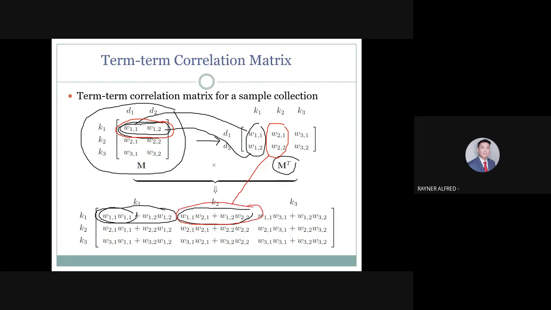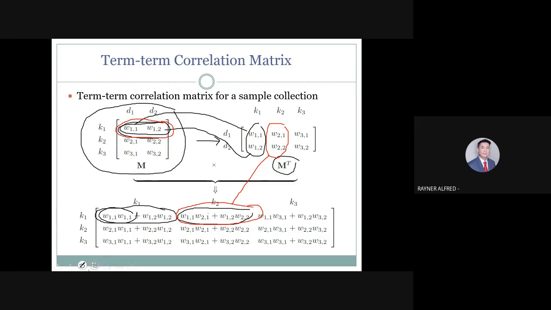That means the weightage of keyword 1 in document 1 times the weightage of keyword 2 in document 1 here. Then we add them together.